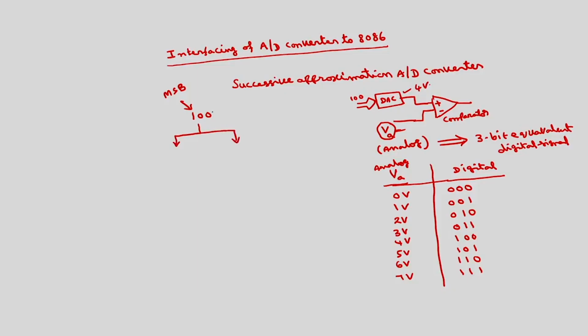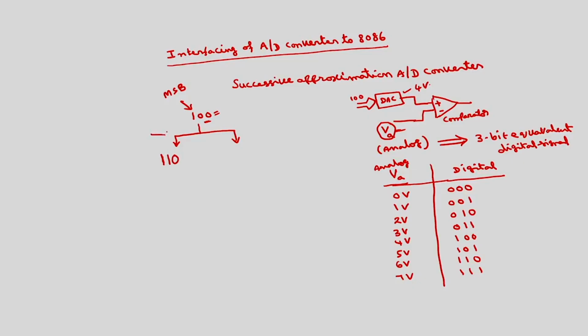After converting this 1 0 0 into analog voltage, that is 4 volts, this can be greater than or less than VA. Okay. So if this is greater than VA, I will keep that first MSB bit as it is, because this is still greater, meaning the value is more than this 1 0 0. So I will keep this MSB bit as it is, then I will make the second MSB also 1, the third MSB will be 0.